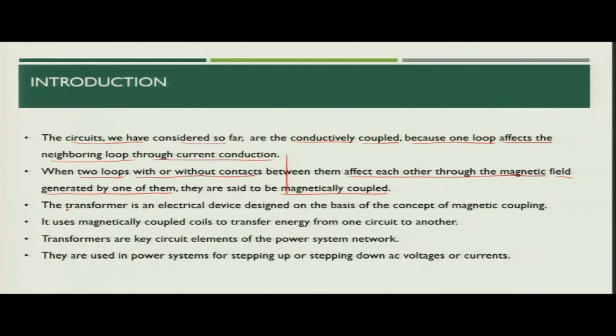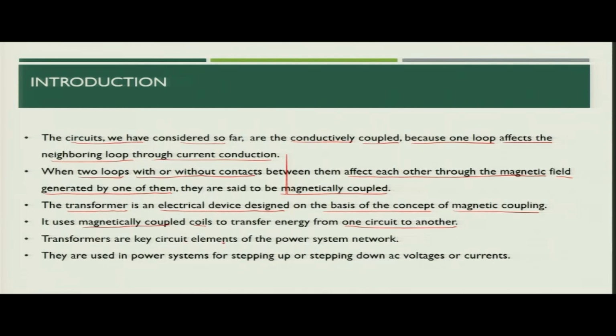The most common example for this is the transformer, where the electrical device is designed on the basis of the concept of magnetic coupling. It uses magnetically coupled coils to transfer energy from one circuit to the other.